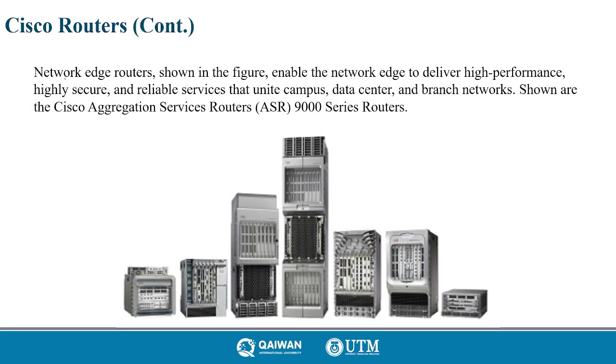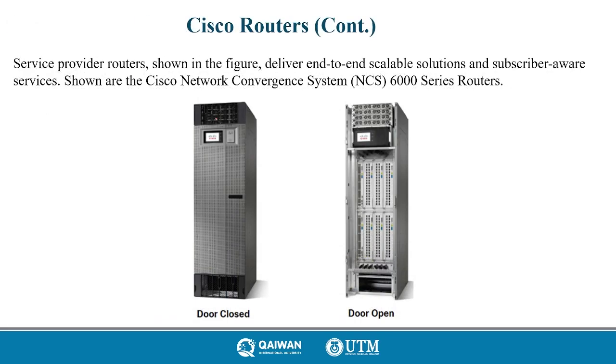And among the Cisco routers, we have network edge routers, as shown here. They enable the network edge to deliver high performance, highly secure, reliable service to the campus, data center, and branch networks. And this one is the ASR 9000 series routers.